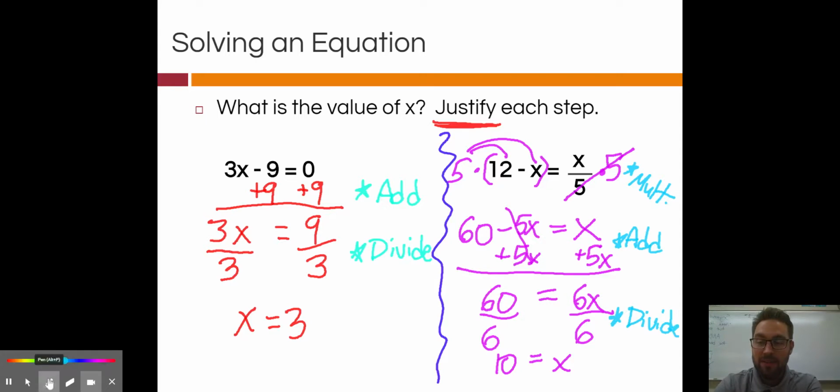You have spent years of your math life learning how to do the algebra. So the stuff that's in red and purple, the things that we went through first. The new component, what makes this important, is the justify. That's a really important thing for today.